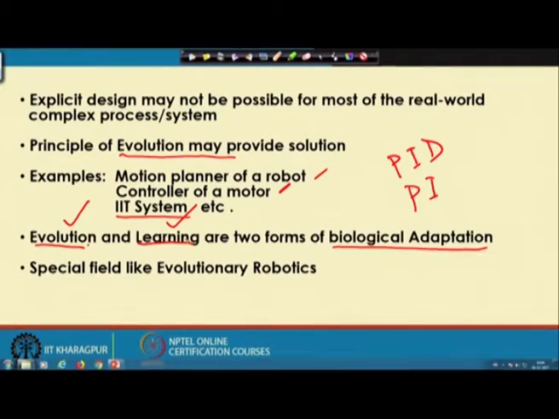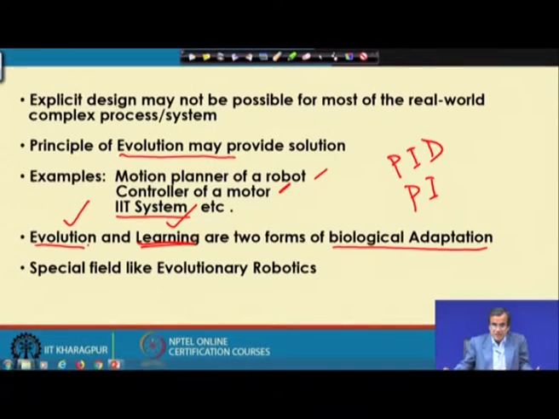If you see the principle of learning, actually we use the principle of optimization. Here, in one optimization tool, the principle of evolution is generally copied, and that is why evolution is going to help learning. On the other hand, let us see how learning can help the rate of evolution.